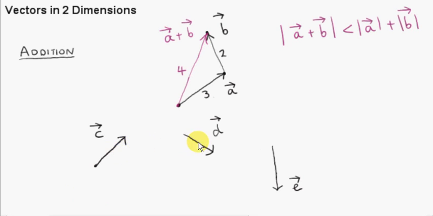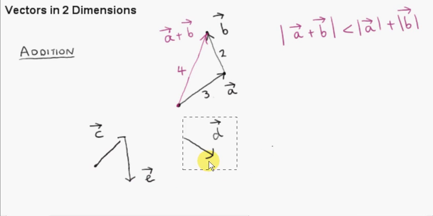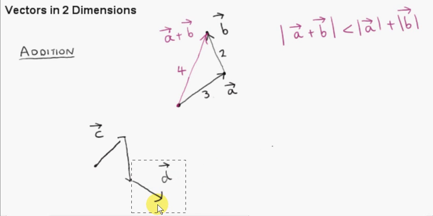Now we can do that vector addition in a different order and we'll end up with the same resultant vector. So this time let's take the tail of E and join it to the head of C. Now let's take the tail of D and join it to the head of E. Finally, to get the resultant vector, we join the tail of C to the head of D. You can see that we get the same vector as before, but we can write it as C plus E plus D. So the order in which we add vectors does not matter.